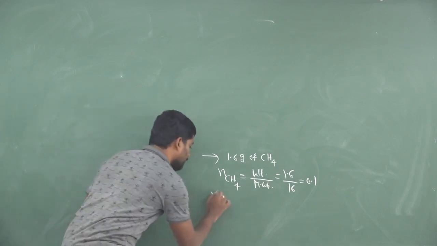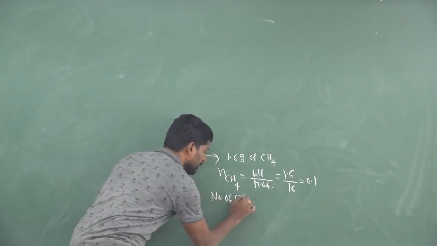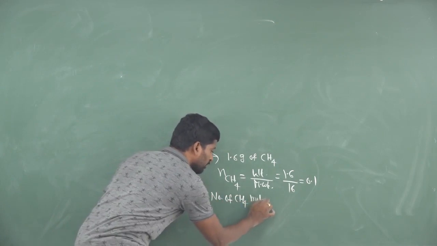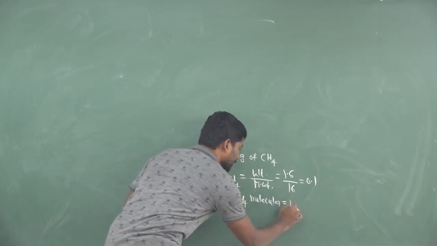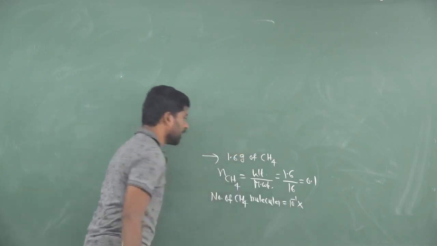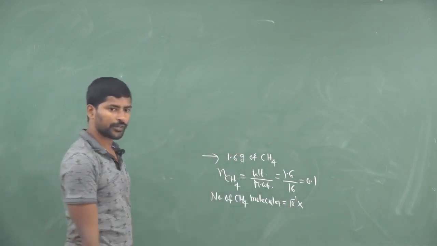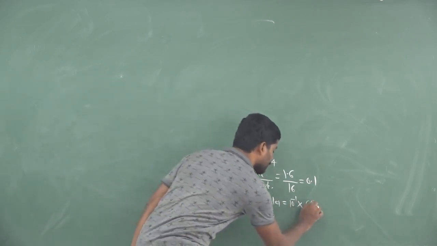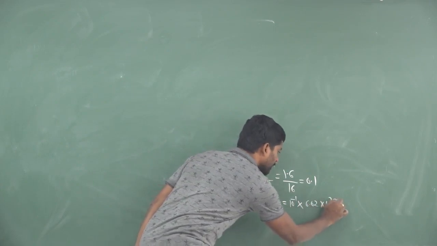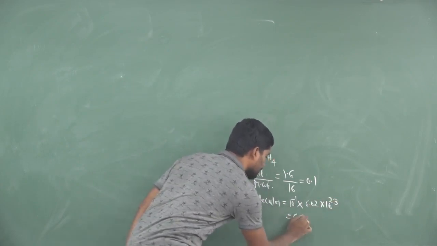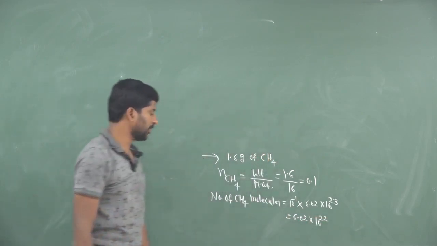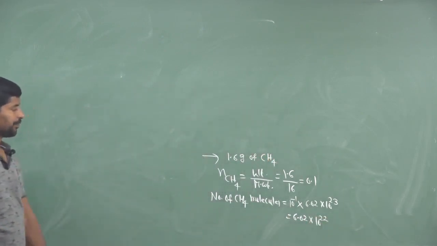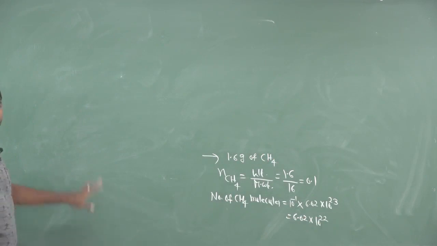That means number of CH4 molecules is 0.1, which is 10 power minus 1, times Avogadro number, since each 1 mole possesses Avogadro number of molecules. So we get 6.02 into 10 power 22. This is the number of methane molecules.